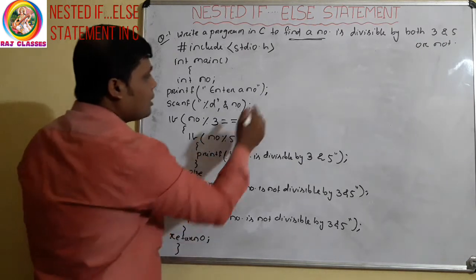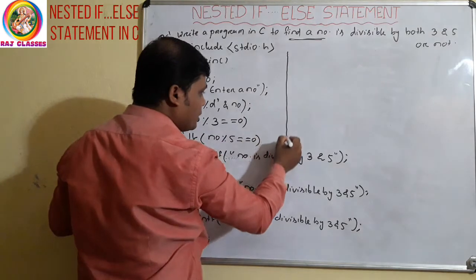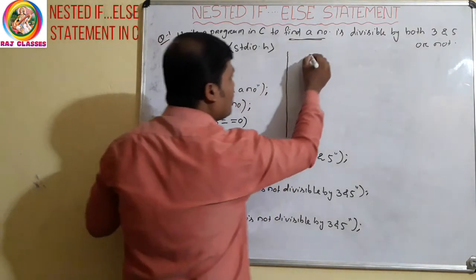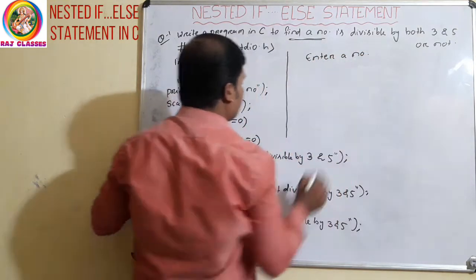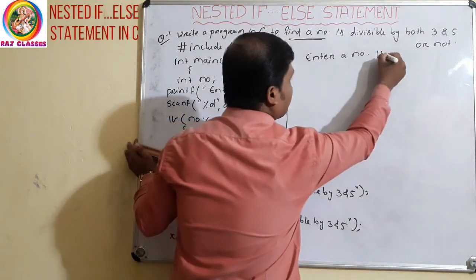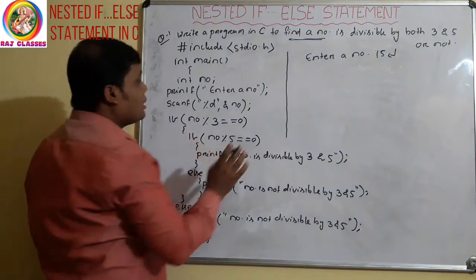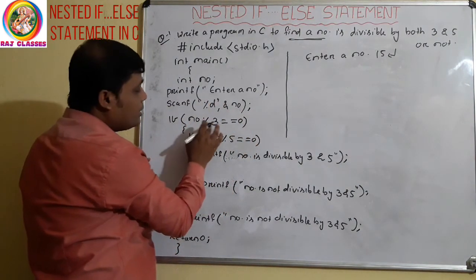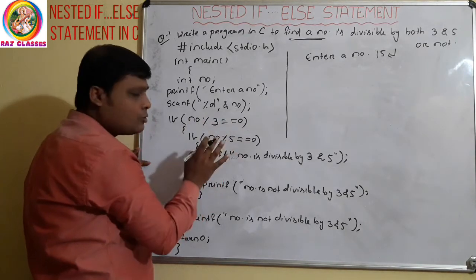Clear? This is a small program to find whether the number is divisible by 3 and 5 or not. You can see here we are inputting a number. If we execute this program, what will happen? It will first ask to enter a number. Suppose I am inputting 15. Then what will happen? Number 15 modulo 3 equals 0, yes, the condition is true.